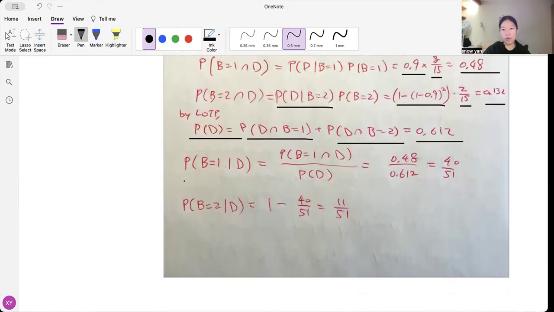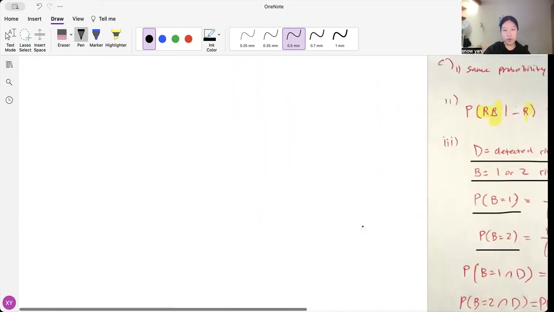Finally, we calculated all of this because we want to find P of B equals 1 given D and P of B equals 2 given D. This is just the conditional probability, P of B equals 1 and D divided by P of D. We plug this in and get 40 over 51. Since there are only two cases, the other one is just the complement: 1 minus 40 over 51, which is 11 over 51.